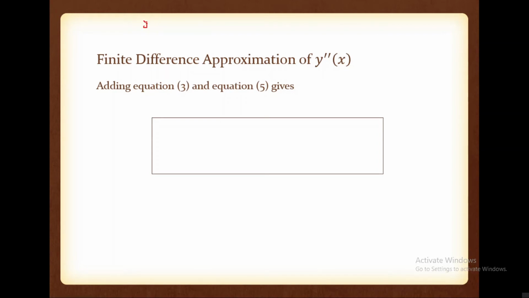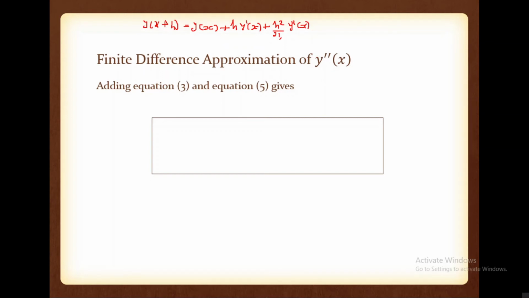Equation number 3 is y of x plus h is equal to y of x plus h into y dash of x plus h square by 2 factorial into y double dash of x plus etc. So here we are going to find the finite difference approximation of y double dash of x.